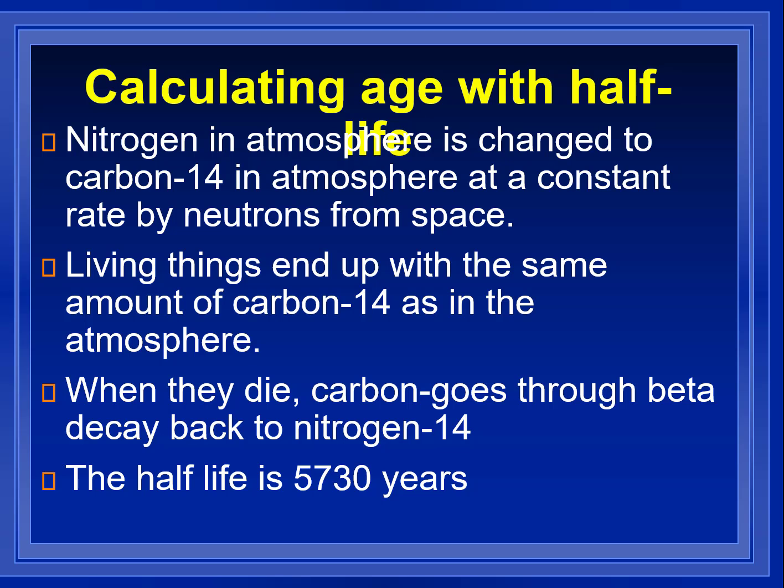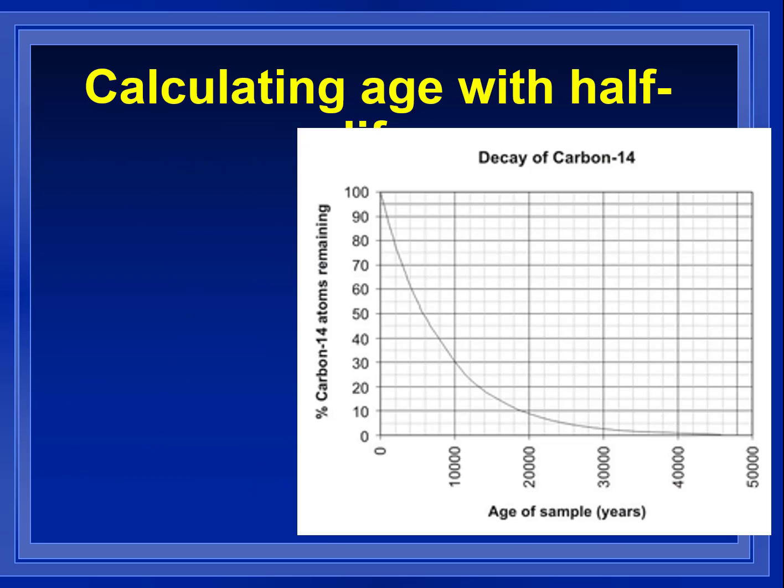Now, as long as it hits a perfect half-life, we can do any of them. But if it doesn't, we have to use the equation, or actually, we can graph it. And this is what a decay graph looks like. It's an exponential function, okay? It touches the axis eventually.